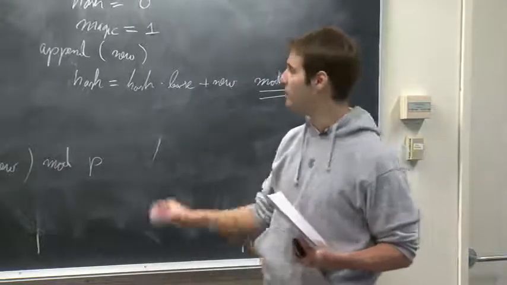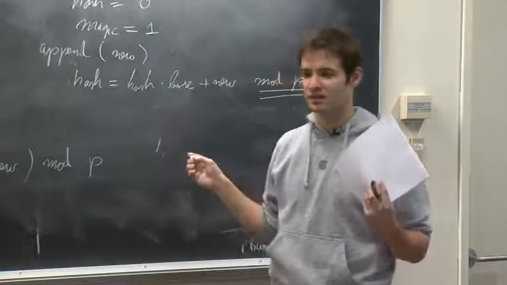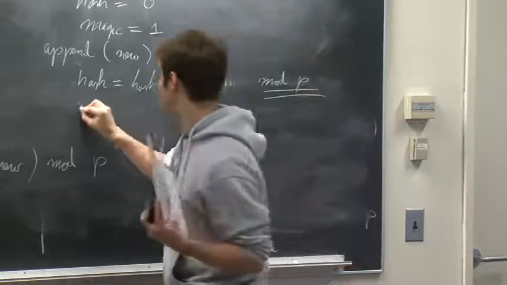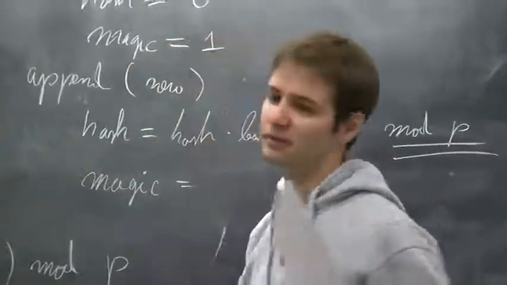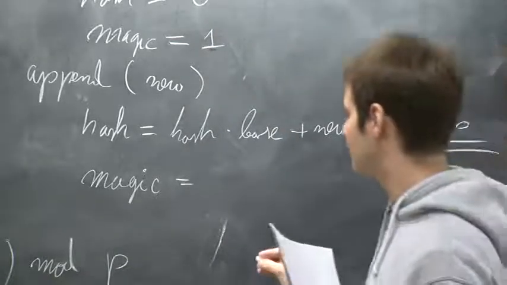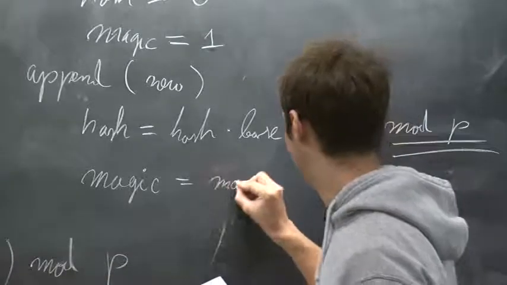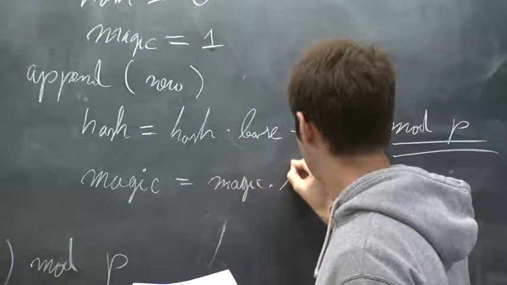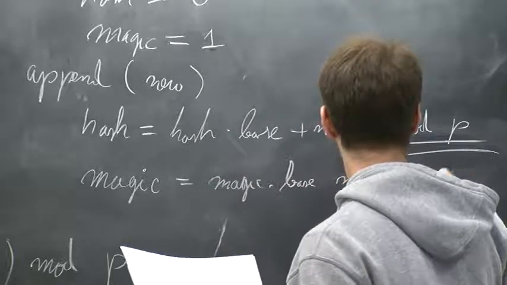I don't have a constant for that, but I have a constant for something else: magic. Magic is base to the size mod p. So what happened to the window size? Times base mod p. Excellent. So window size grows by 1, therefore I have to multiply this by base. Magic times base mod p.